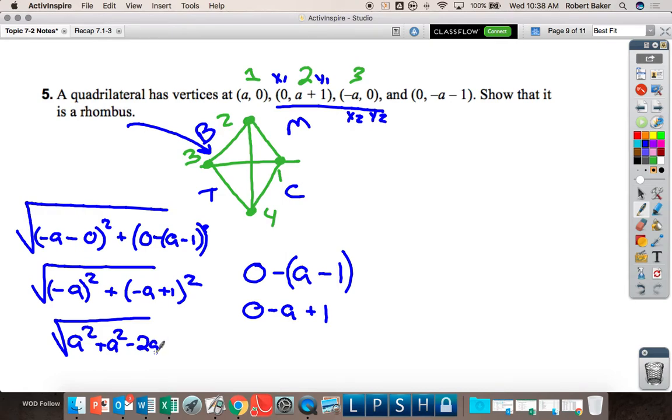Well, here, I'm going to cheat. Hold on. So what is the square root of a squared? A. And the square root of this quantity will be that quantity.